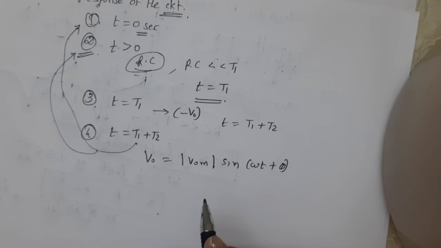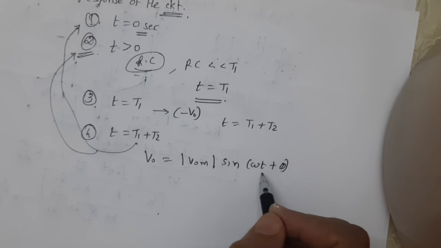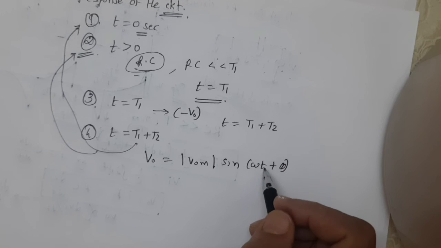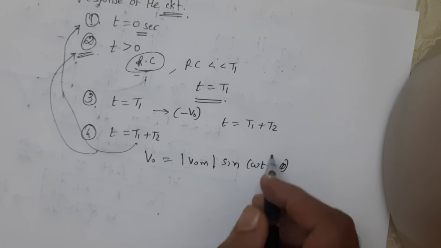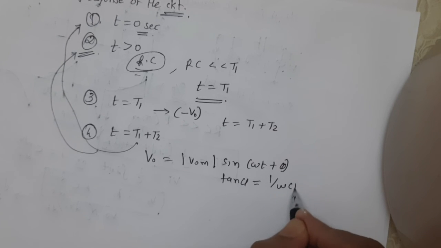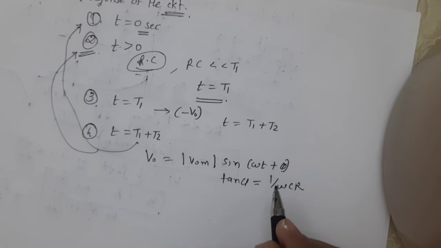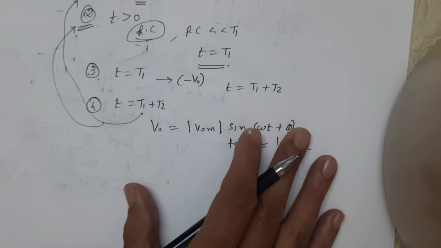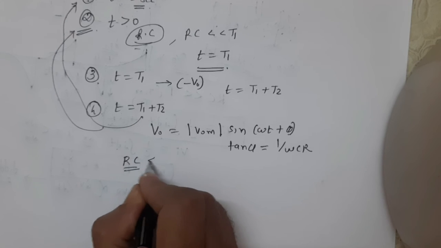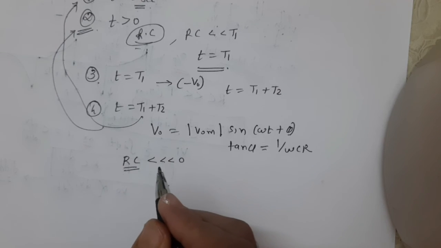The output voltage leads the input voltage by theta, that means tan theta is equal to 1 upon omega C R. We note that for better differentiation RC should be as small as possible, very much less than 1, nearly 0.